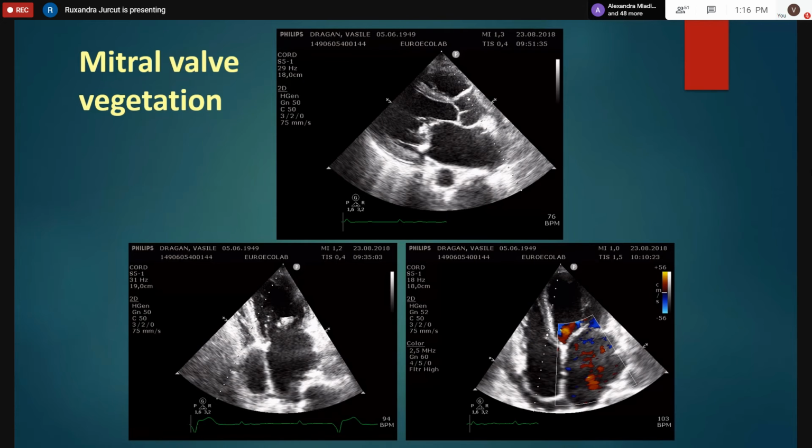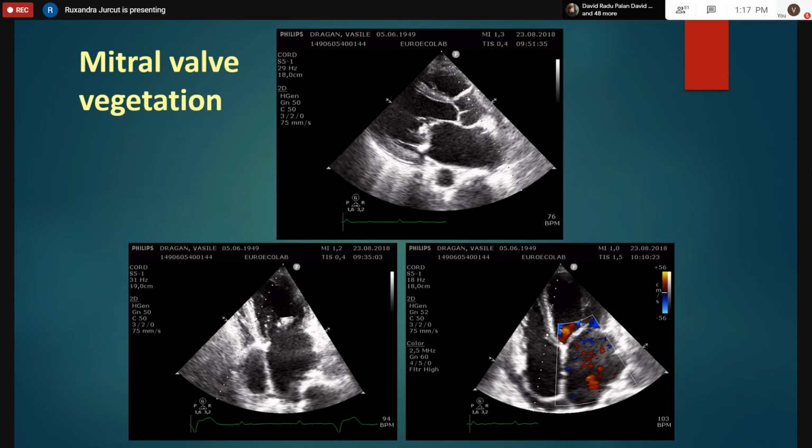And here in the apical four-chamber view, we see again that there is a mass, maybe even with more little structures on the valve that should absolutely not be here. And then down here on the color image, I hope you see, there is a big, very turbulent jet. This one, the blue one, which is mitral regurgitation.